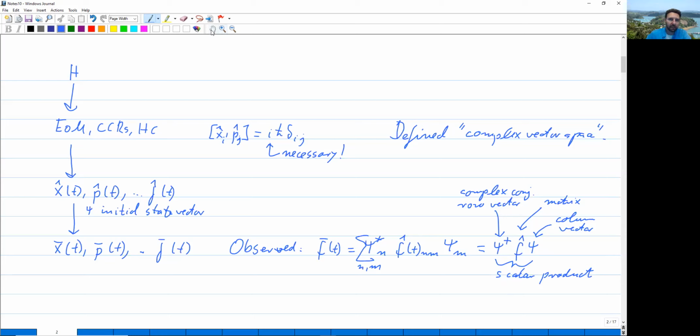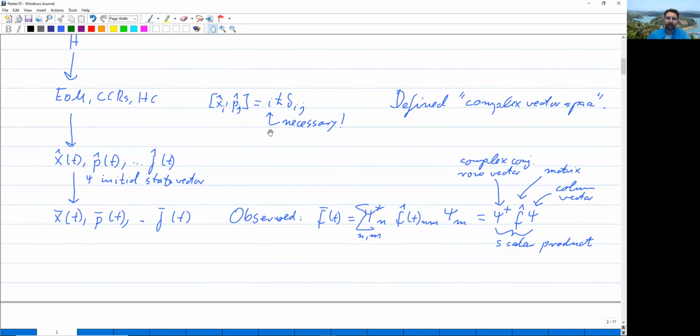But what we glean from this in particular is that the dagger was needed.